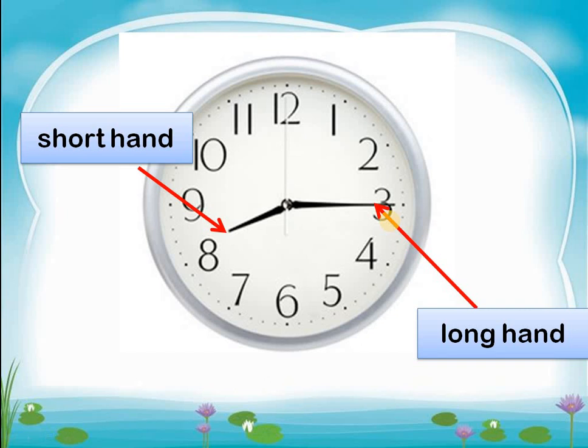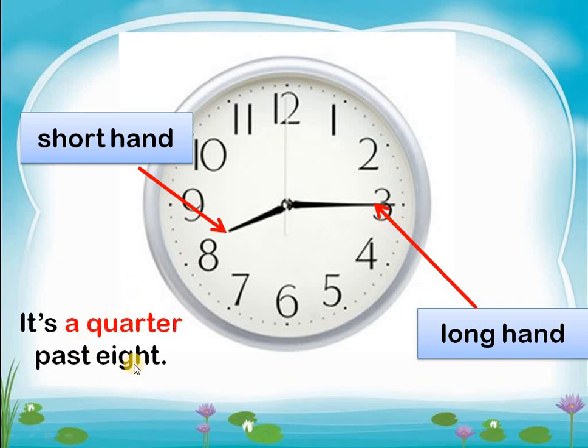So how do we say this time? We say it's 8:15. In digital form, it should be like this.